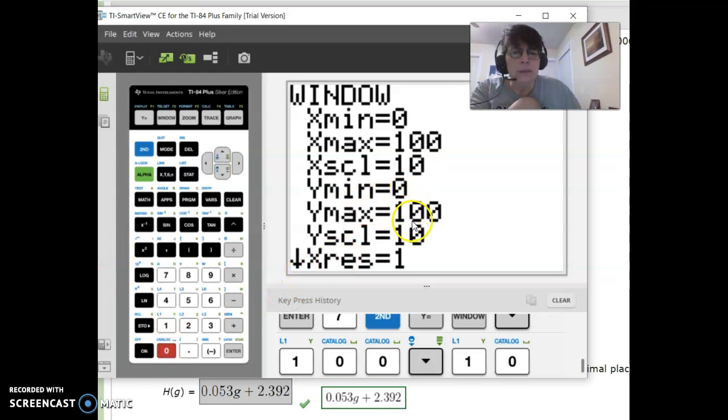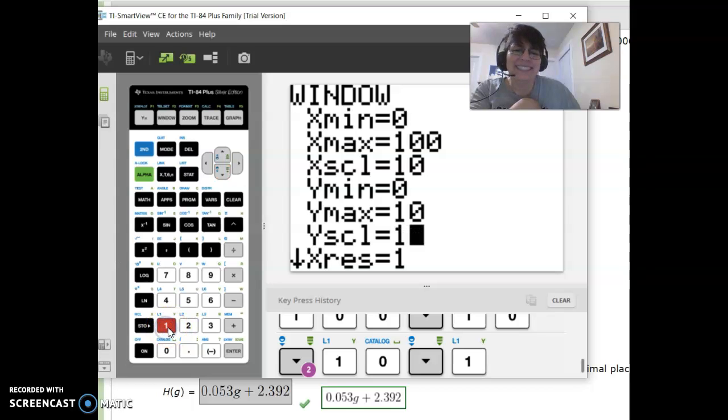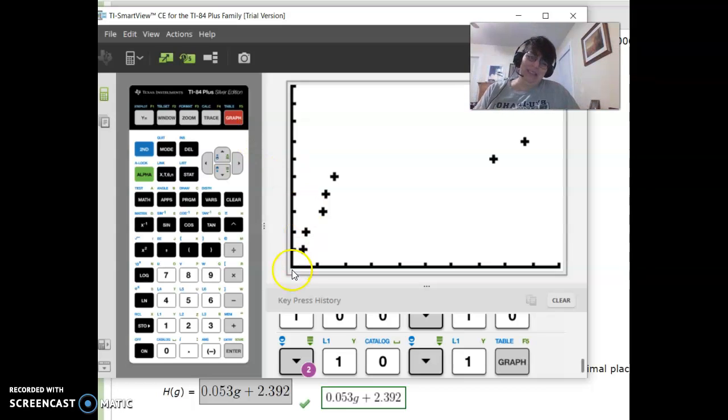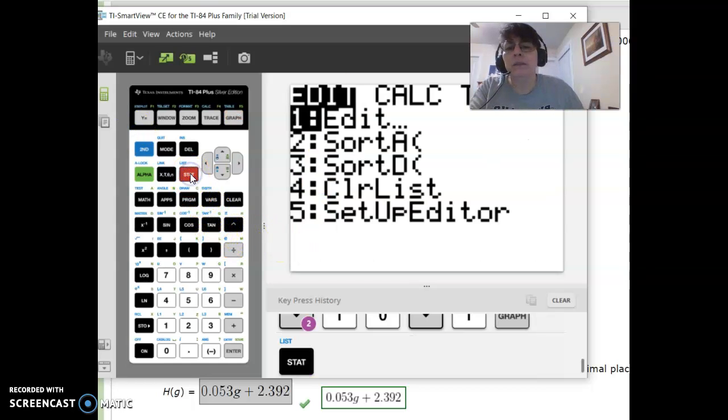And then this only went up to 7, so I'll just stop at 10 and have the scale be 1. Okay, I'm going to graph that. It doesn't necessarily look really smooth. I wouldn't put a linear regression to it, but let's see what happens if I do.